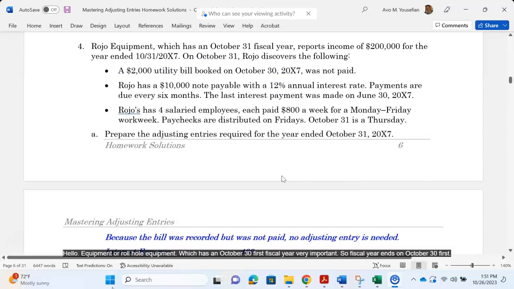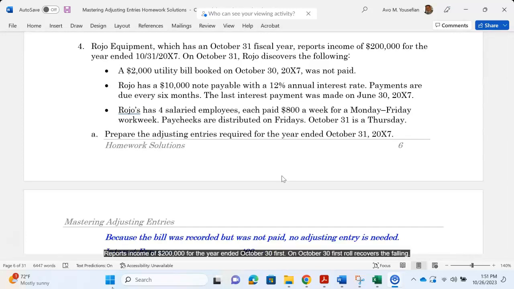Rojo Equipment, which has an October 31st fiscal year, very important. So the fiscal year ends on October 31st. It reports income of $200,000 for the year ended October 31st. On October 31st, Rojo discovers the following. A $2,000 utility bill booked on October 30th was not paid.